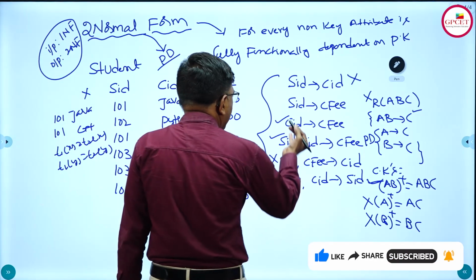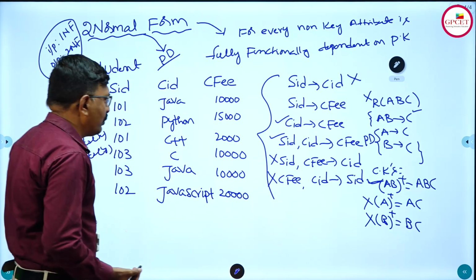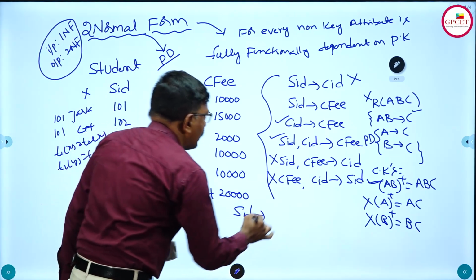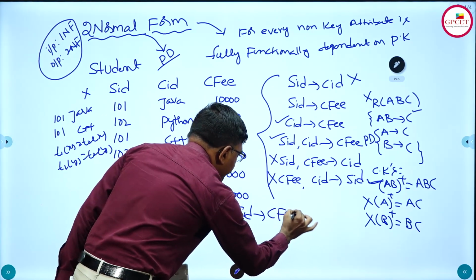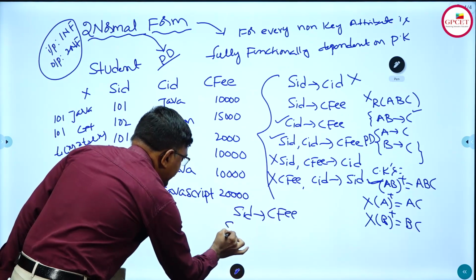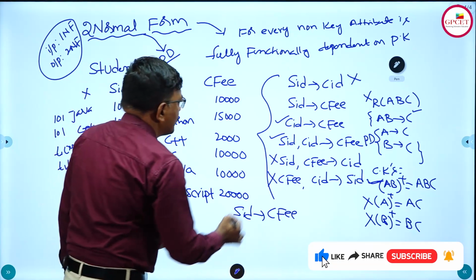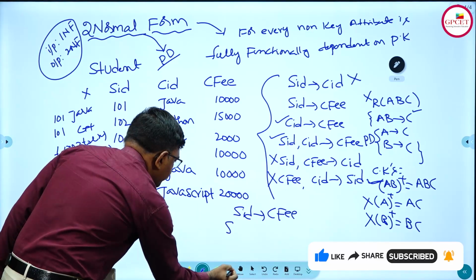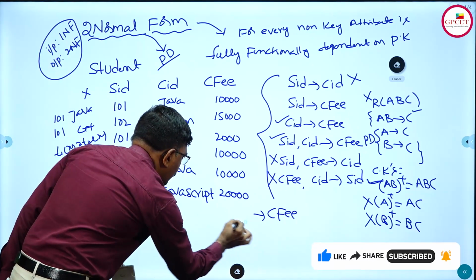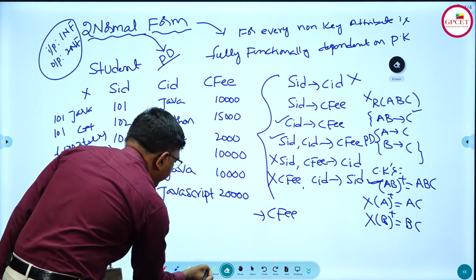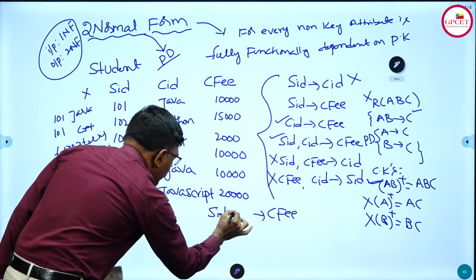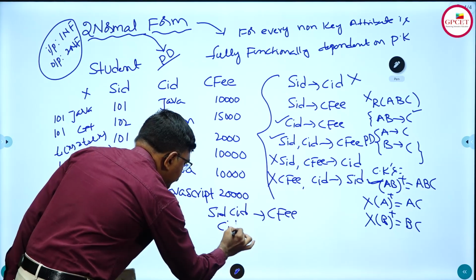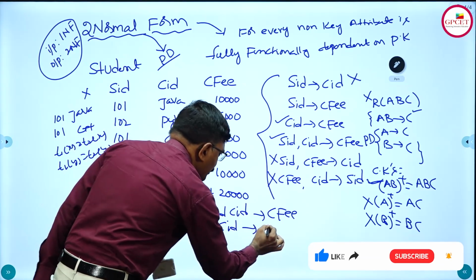Okay, observe here, that is CID tends to course fee. What is the first one? SID CID tends to course fee.